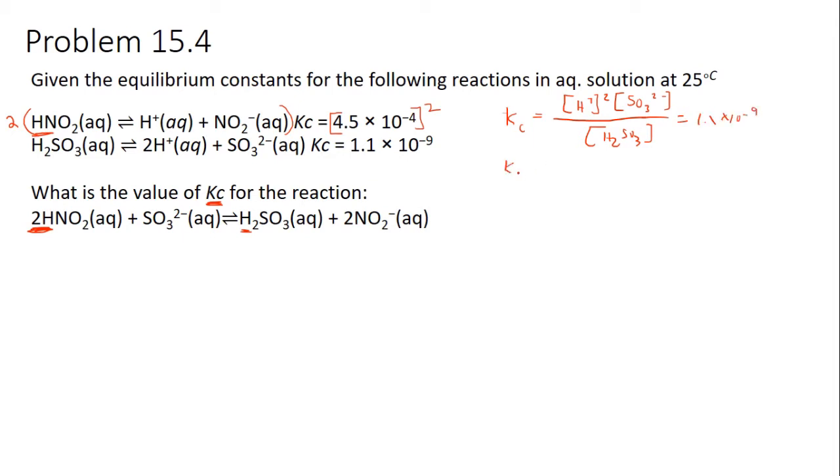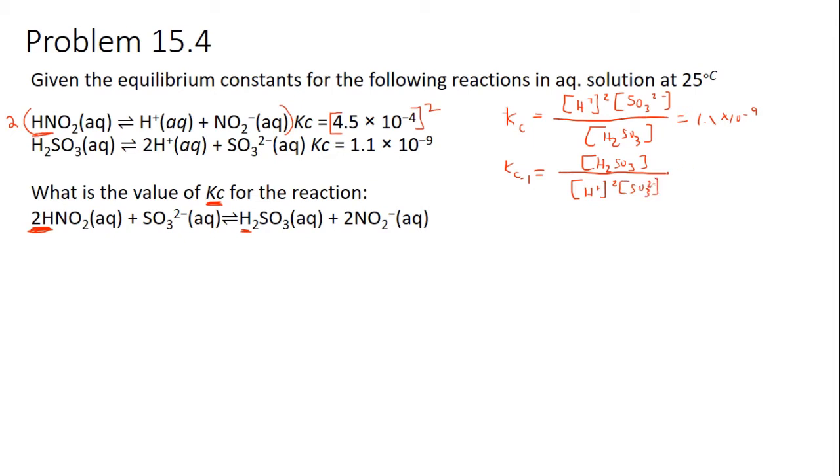So for the reverse reaction, we'll just say Kc minus 1 to say it's reverse. If we flip this reaction, our reactants become products and vice versa. So we would have on top of the reaction now sulfurous acid over our proton squared and our sulfite.